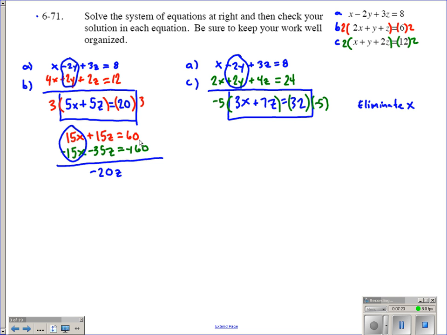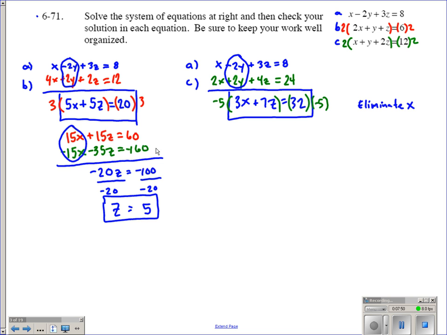And then 60 positives cancel out 60 of the negatives here. That should end up equaling negative 100. Finish solving it here, and we're going to end up with a value of 5 for z. So right now z equals 5.